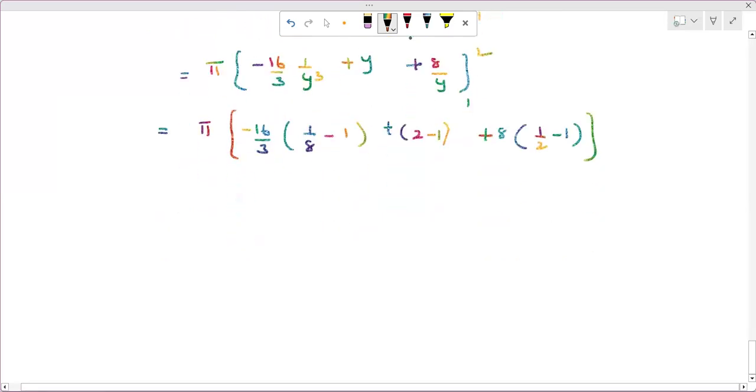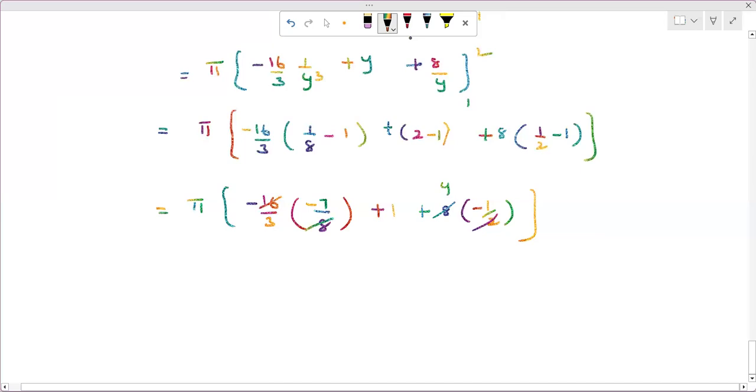Now see here, minus 16 by 3 into minus 7 by 8, this is plus 1, and 8 into minus 1 by 2. 2 times 1, 2 times 4; 8 times 1, 8 times 2. So it will be pi into plus 14 by 3 plus 1 minus 4.